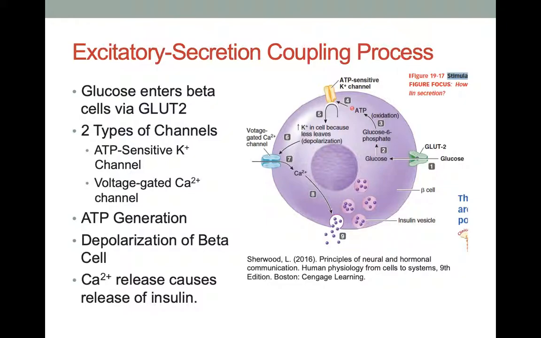Insulin can also be triggered to be released by gastrointestinal hormones that are secreted in response to food intake. Some of those are glucose-dependent insulinotropic peptide, or GIP, and glucagon-like peptide 1, or GLP-1. Again, they stimulate the insulin secretion in an anticipatory fashion, so before you're completely eating, they're triggering that to happen.